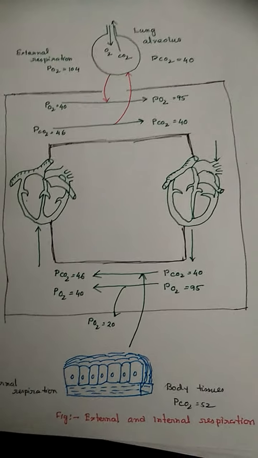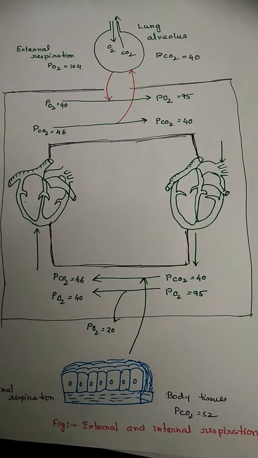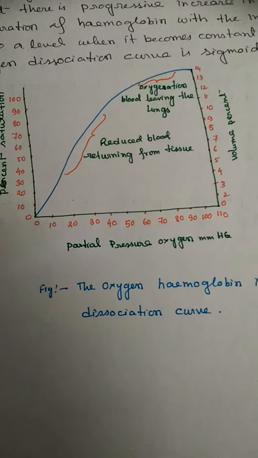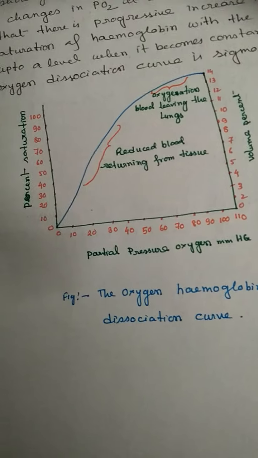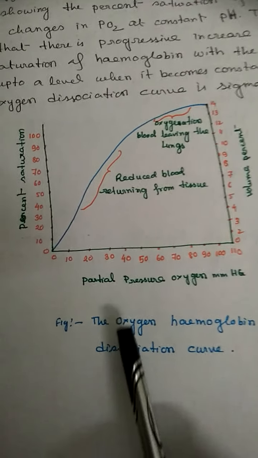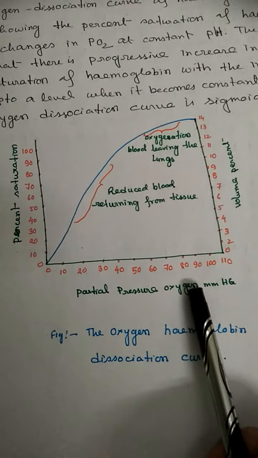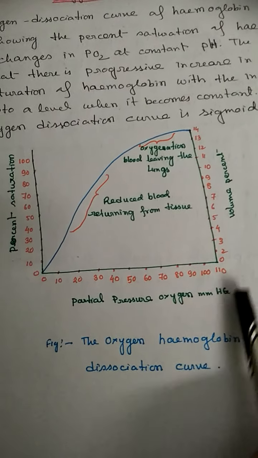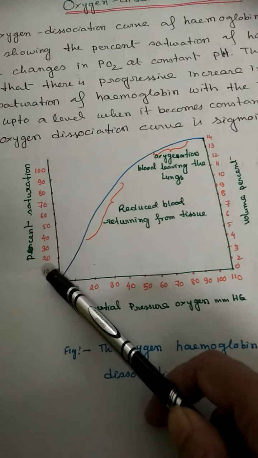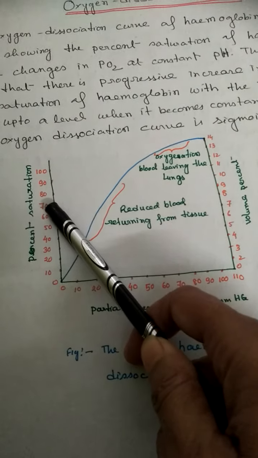Now the most important curve, which I will discuss, is known as the oxygen dissociation curve. Here you see partial pressure of oxygen in mm Hg, and here the percent saturation.